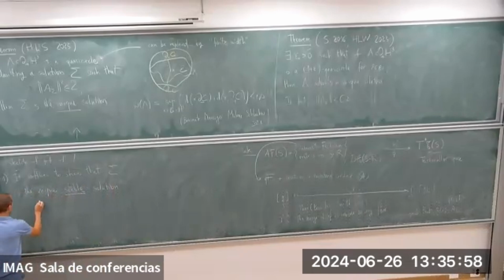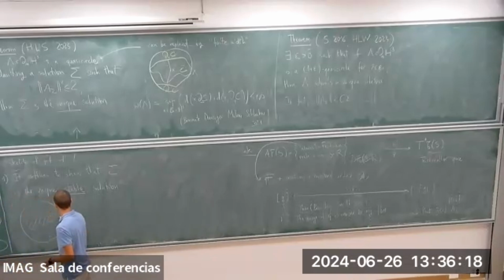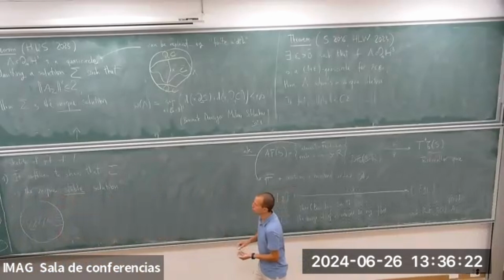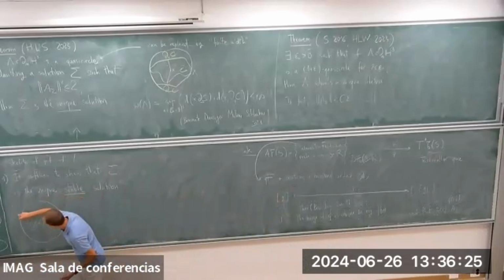And the reason is, I'll do it pictorially. It's a very simple one. So we have a Jordan curve. Imagine we have some solution sigma naught, which is not stable. And then what you do is you use it as a barrier, and you manage to construct two others, sigma 1 and sigma 2.